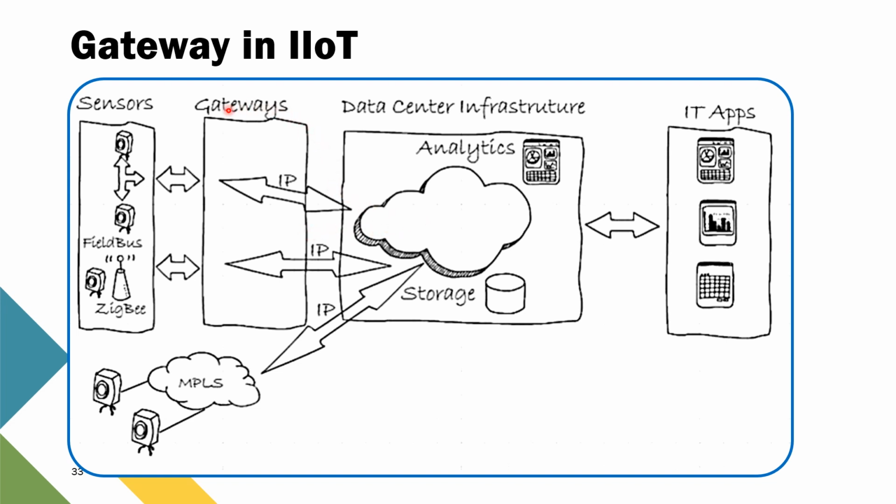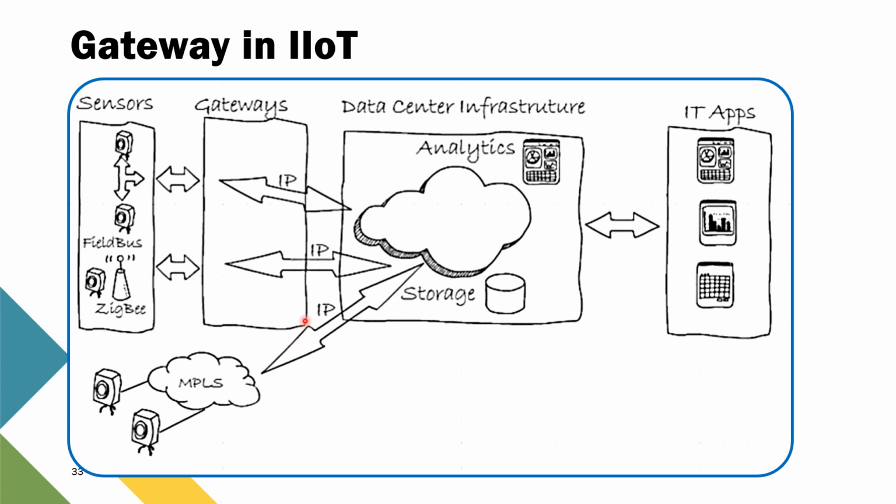So this is the purpose of the gateway. It will sort and transform the data into something readable by the data center infrastructure, so that there will be less time spent organizing the data.